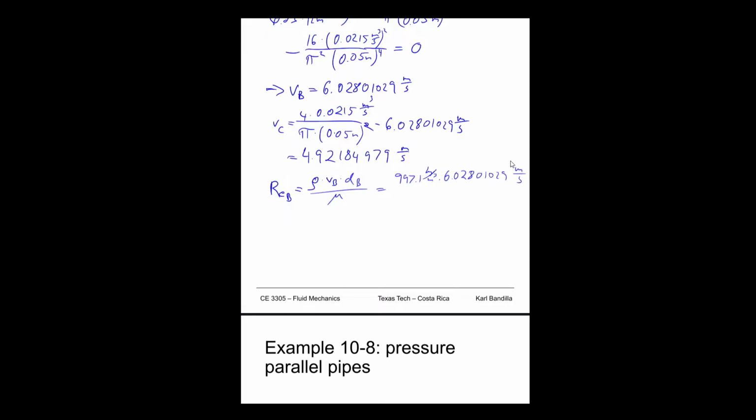Divided by, I already sneaked that in here, times 0.05 meters. And all that divided by, again, something we need to look up, so 8.97 times 10 to the minus 4 Newton seconds per square meter.